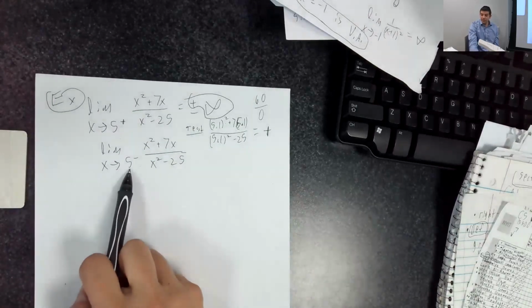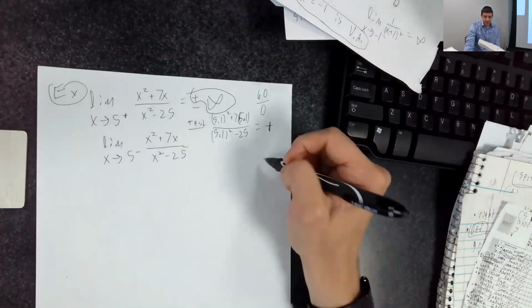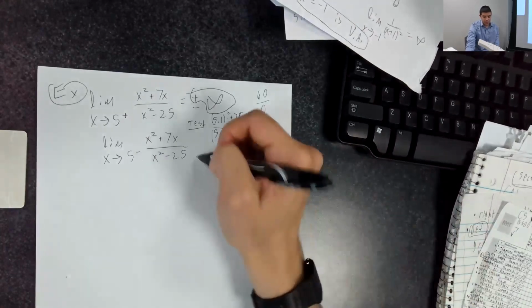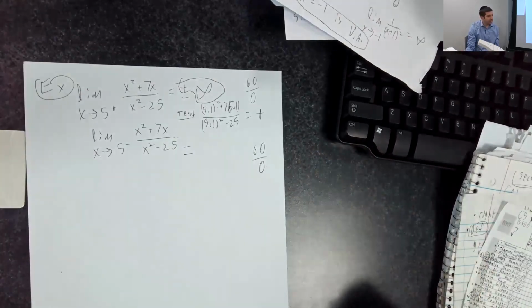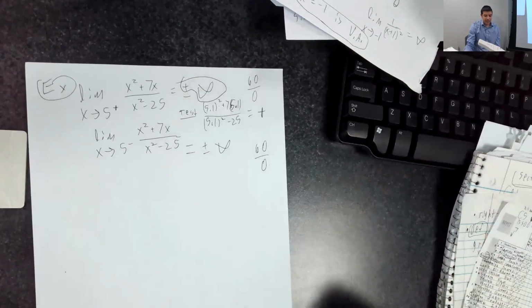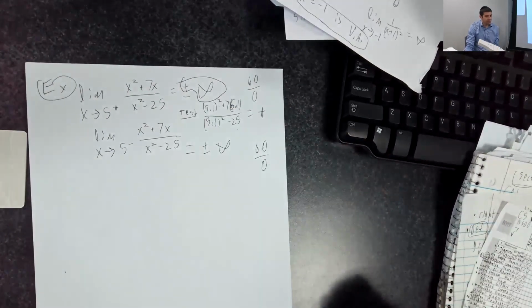So 5 from the left, if we plug in 5, what do we get? Again, we get 60 over 0. So that means the answer could only be positive or negative. How will we decide which sign?